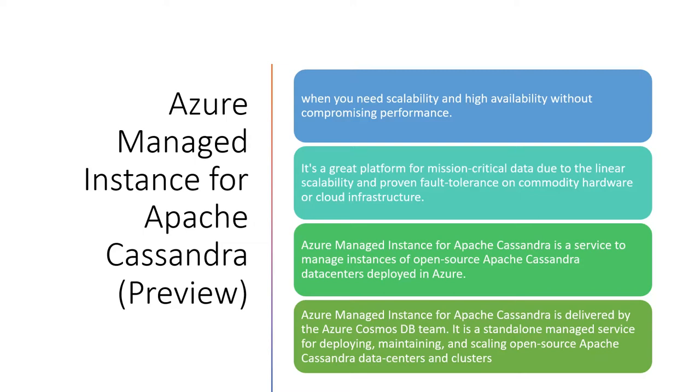When you talk about the Azure managed instance for Cassandra, Azure has been a little bit behind because it is still in the preview phase. Azure has been good in all the managed instances it has been providing for other non-relational or relational databases, so hopefully this will also be a good launch from Azure.